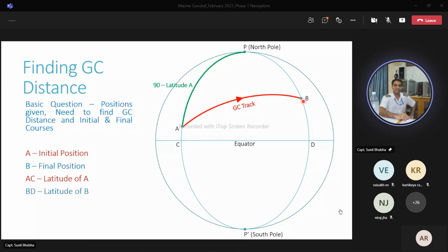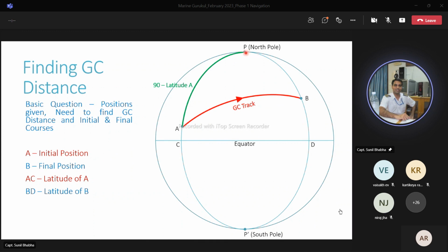Now, going by the same principle, you see Bravo to delta, B to D, is the arc of the meridian contained between the equator and position B. So again, this is the definition of the latitude. So the arc Bravo to delta represents the latitude of my final position B.